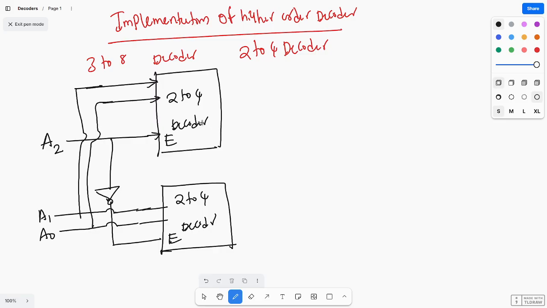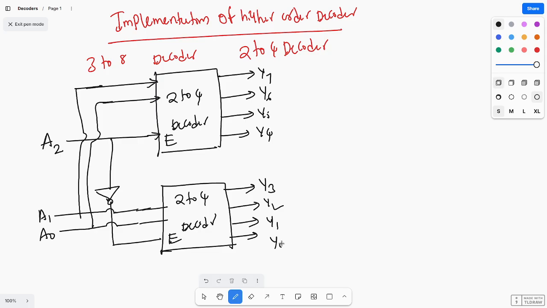How many outputs? For this you have 4 outputs, and for this you have 4 outputs: Y7, Y6, Y5, Y4, and Y3, Y2, Y1 and Y0.